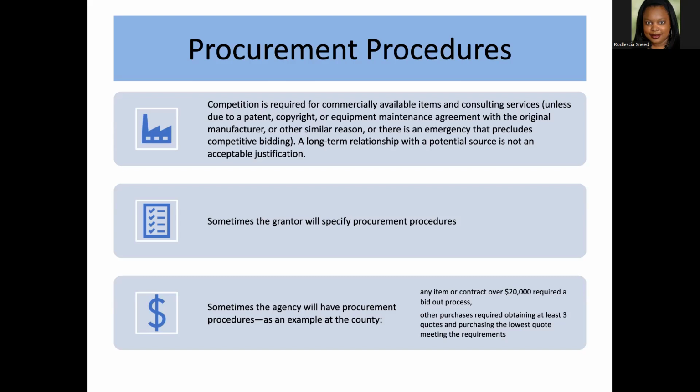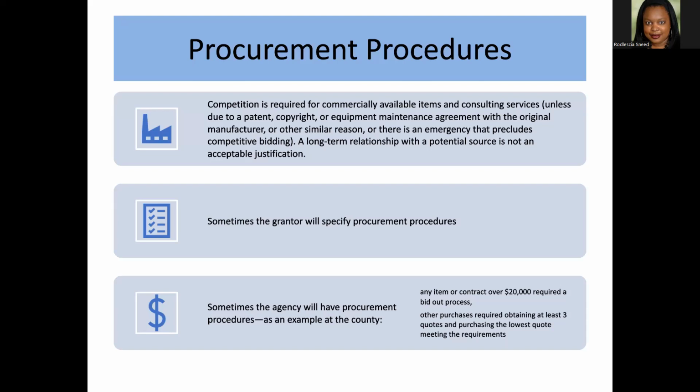Or an equipment maintenance agreement might have to be with the original manufacturer of that item, because they're the only ones that specialize in the maintenance of that equipment. So again, there can be exceptions to competition existing for purchasing a particular item.